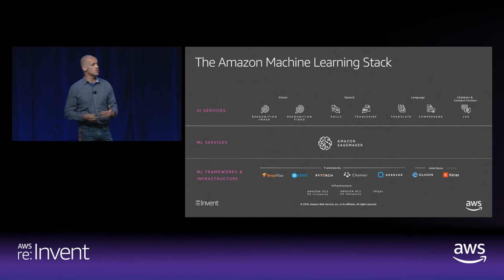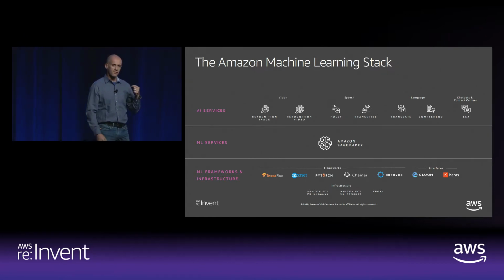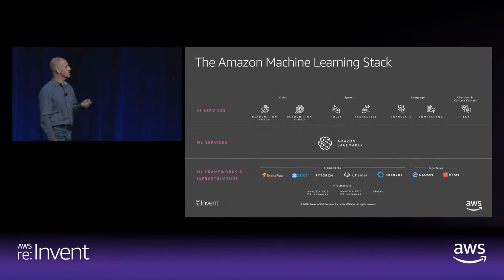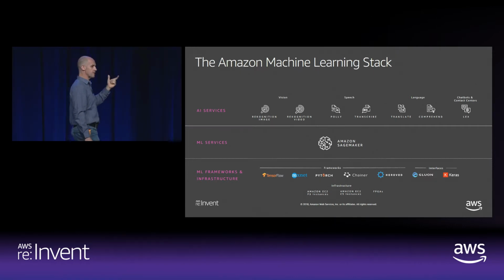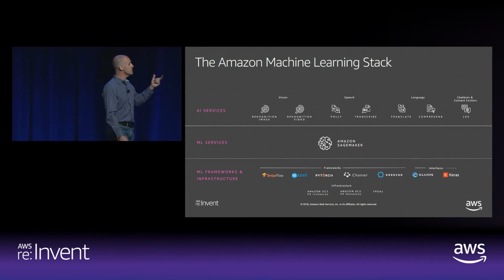Let's jump below to the engine that powers all this technology. We at Amazon have made a significant investment with separable teams on the machine learning frameworks that are evolving so rapidly that power all this technology.